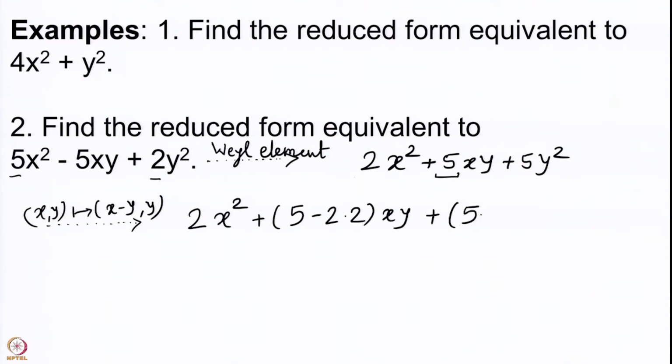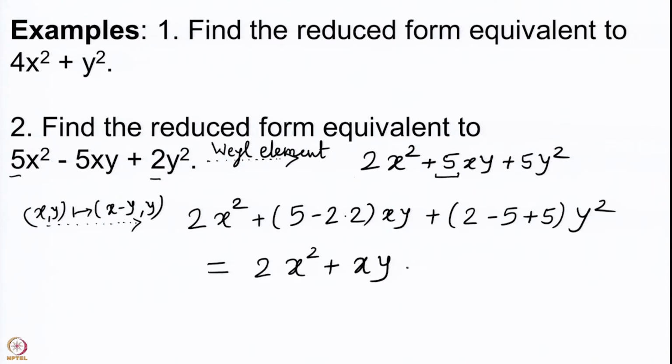Here we get this to be a, which is a minus b plus c, and which is then equal to 2x square plus xy plus 2y square.